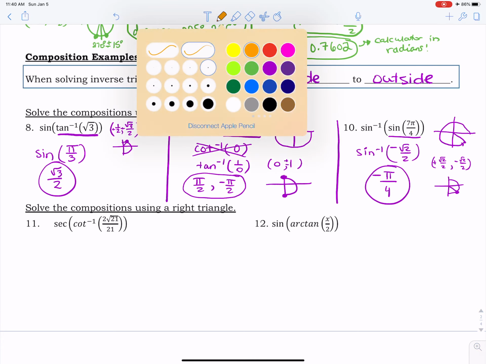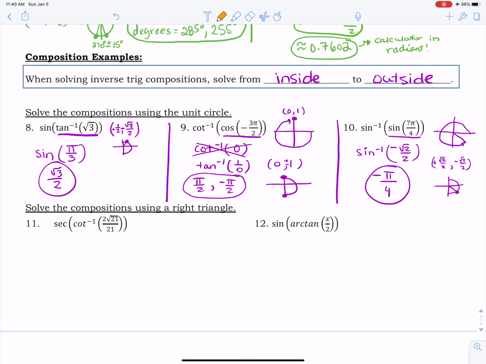All right, and our last section is solving these with right triangles. Why? Because the values are not on the unit circle, so we have to use a right triangle to figure out the answer. First things first for this first one, we've got this weird looking number. We want to undo the rational denominator.